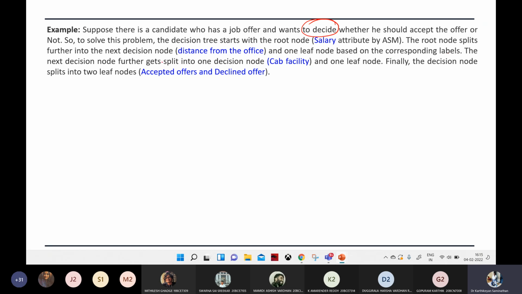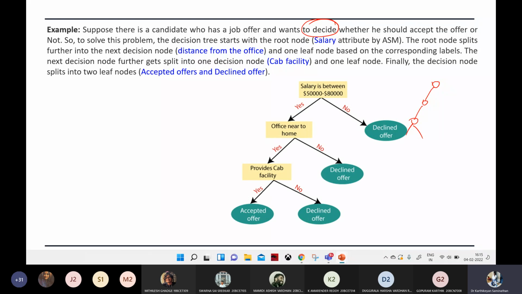The next decision node further splits into two: one decision node called cab facility and one leaf node. Finally, the decision node splits into two leaf nodes, accept the offer or deny the offer. So now the salary, then distance, then cab facility, then accept or reject. So this is how your tree has been created, right?